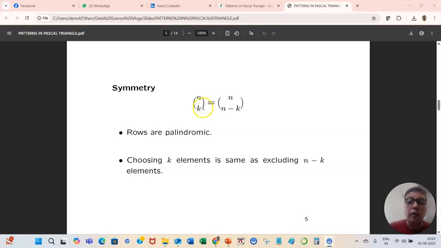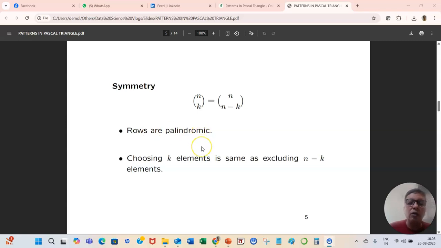Whenever you are forming a group of k objects, the remaining ones are forming a group of n minus k objects. Choosing k elements is the same as excluding n minus k elements. So nCk equals nC(n minus k), and the rows are palindromic.